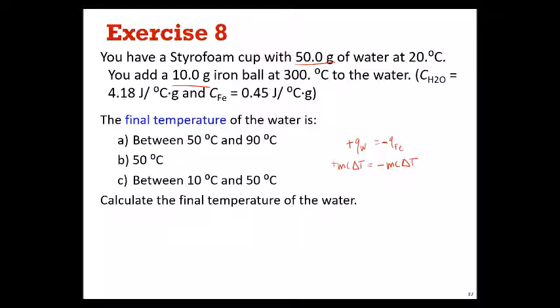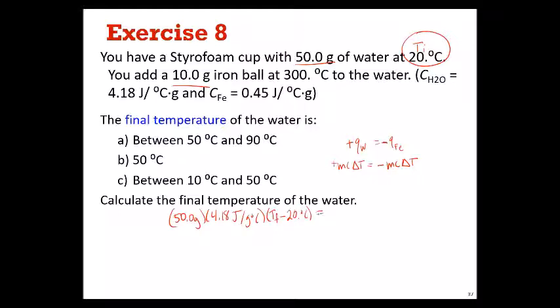I do the math. I'm going to do that down here where I have more space. So I do the 50 grams of the water times the 4.18 joules per gram degrees Celsius. The final temperature, I don't know, but the initial temperature of the water was 20, so 20 degrees.